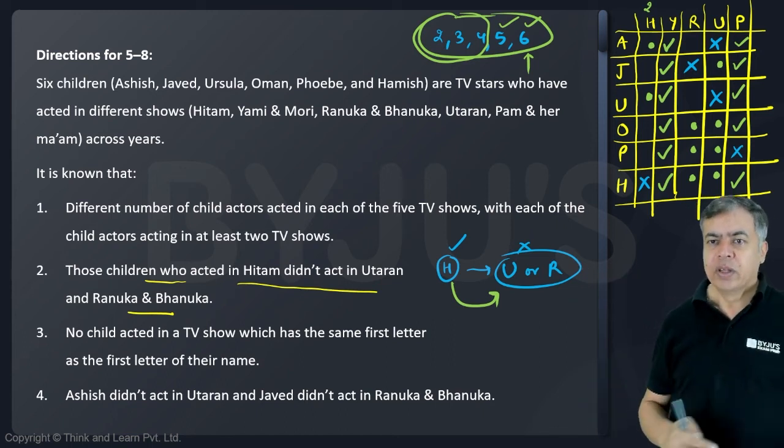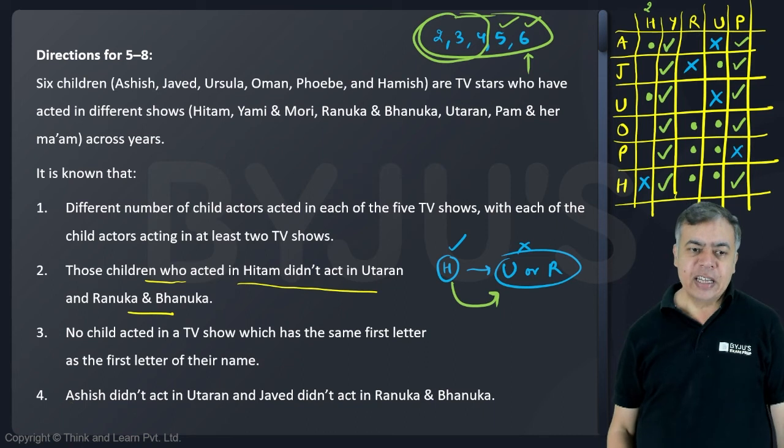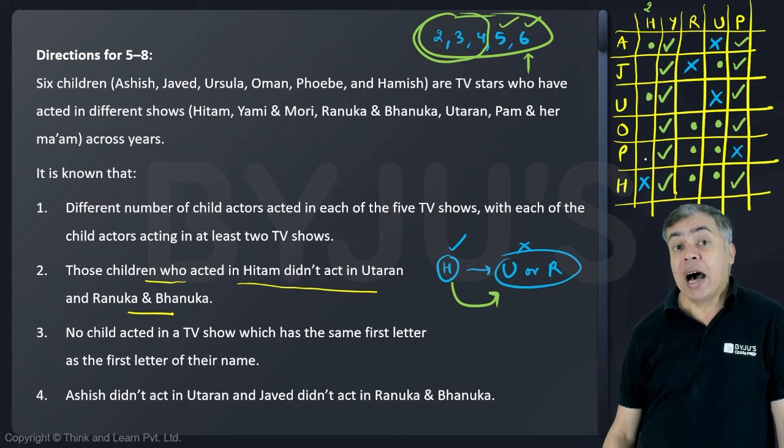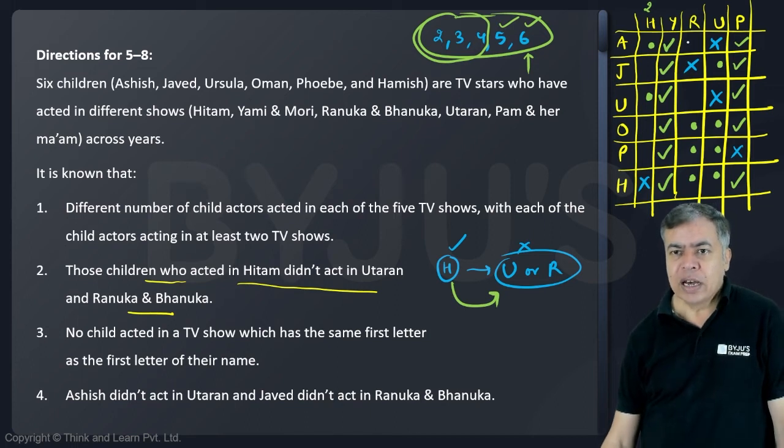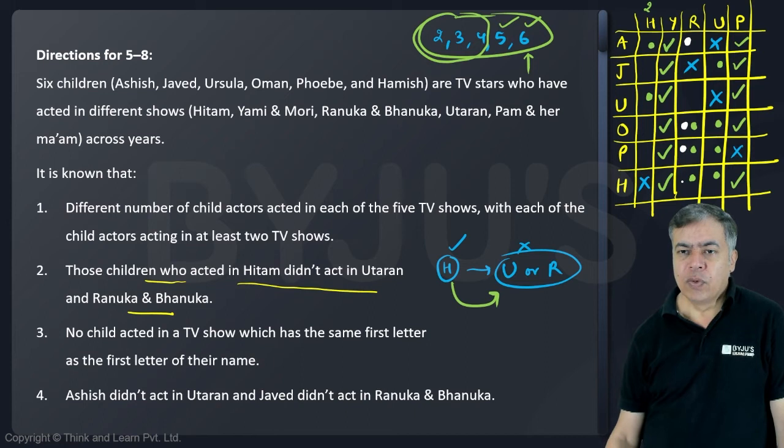Now I am taking the second case with a different color, let's say white color. If R has got 4 actors, let's say I can have 4 actors here, I'm taking it with Y: 1, 2, 3, 4.